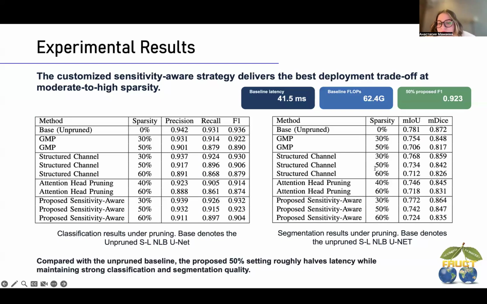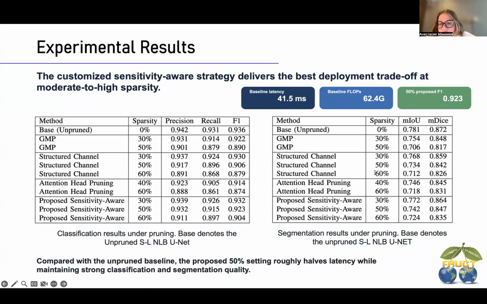This happens because unstructured sparsity is not very hardware-friendly. Structured pruning methods work better in practice, but the drop in quality becomes clear when sparsity becomes higher. Our proposed method gives the best overall balance between quality and efficiency.